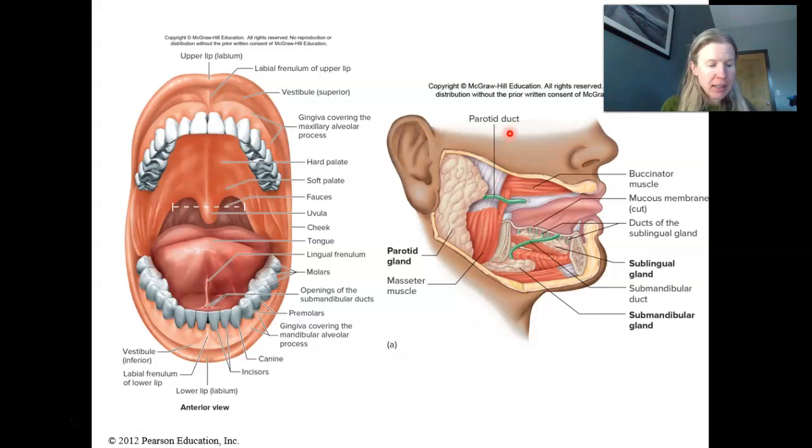We also have multiple salivary glands. So saliva, you make about 1.5 liters of saliva a day, and it ends up being a mixture of things like your enzymes, so salivary amylase, mucins, which are basically mucus, right? So you're trying to make the food slippery to make it easier to swallow.